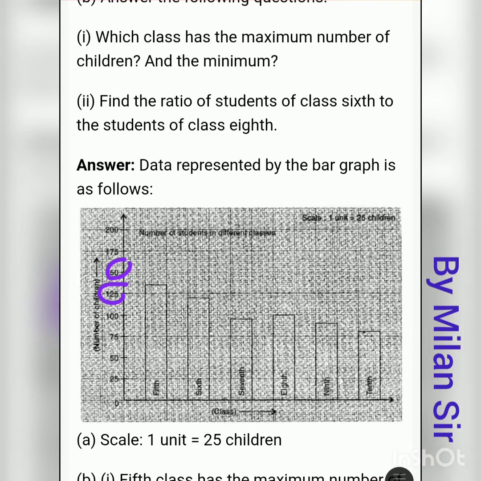Exactly in between these two, we have 137.5. So 135 is near about 137.5, and we need to take the height of the column up to near about the middle point of this box. So for 5th class we draw this column up to near about the midpoint, and here just write down the number 135. It is not given in this figure, but you need to write it.